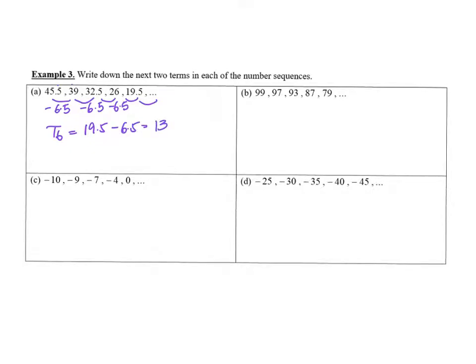And then term 7 will be from 13, subtract 6.5 to give me the number 6.5. So you notice in this sequence, the numbers become smaller, hence we try to do a subtraction. So can you try the rest on your own before we go through the answer?